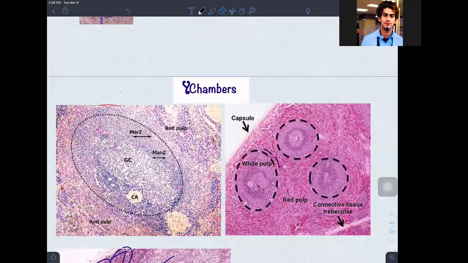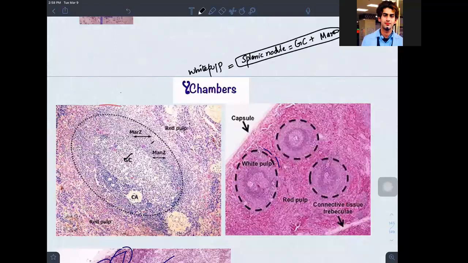Splenic nodule is equal to germinal center plus marginal zone, isn't it? Can I say this is splenic nodule? Yeah, that is what we are talking about. So germinal center plus marginal zone, that is what is called a splenic nodule. And this is making the white pulp, isn't it?